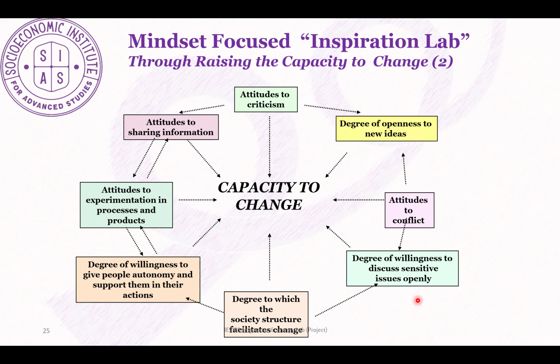The degree to which the society structure facilitates change will be much higher. The degree of willingness to give people autonomy and support them in their action will be much higher. The attitudes to experimentation in the processes and products will be higher, and the attitude to sharing information.